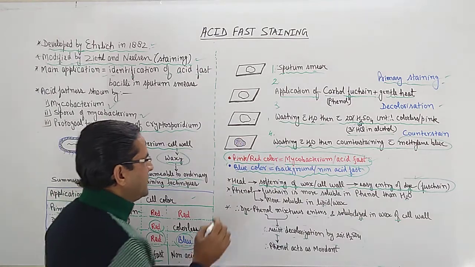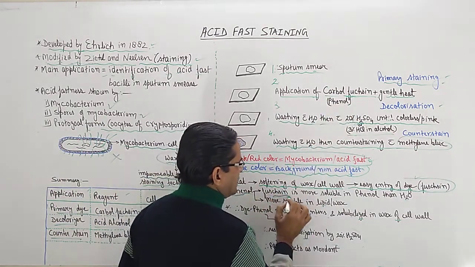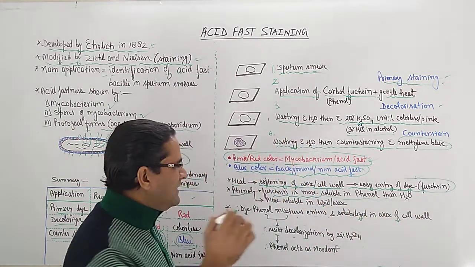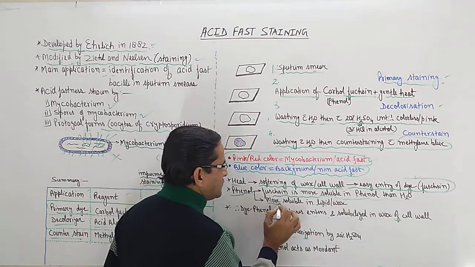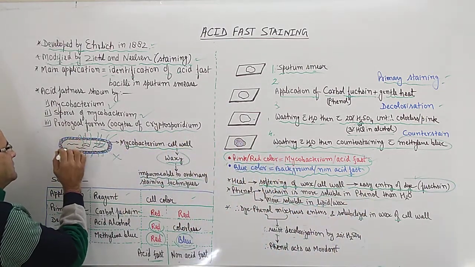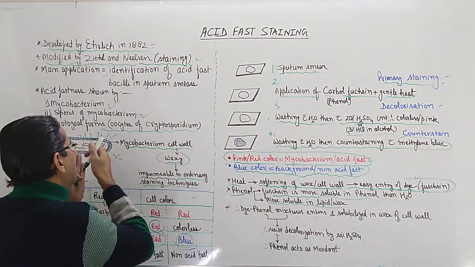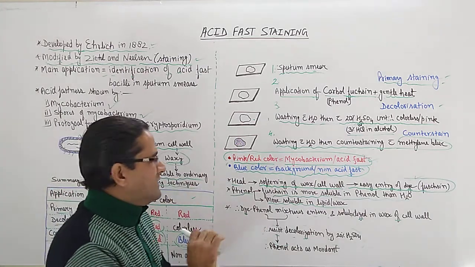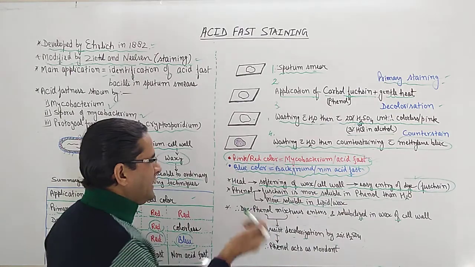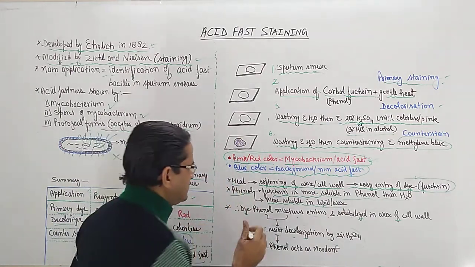Second question part. Phenol is used because the primary dye is more soluble in phenol in comparison to water. And the next reason is that phenol is more soluble in lipid or wax. This phenol is more soluble, it will be retained here, and it will not be easily decolorized. When the primary dye enters with the phenol, it forms a complex.